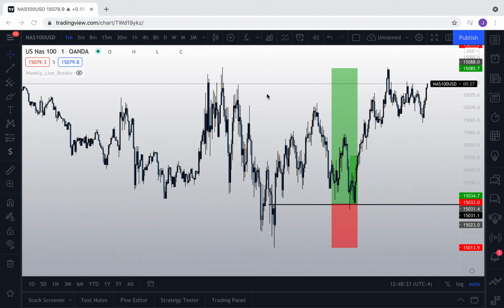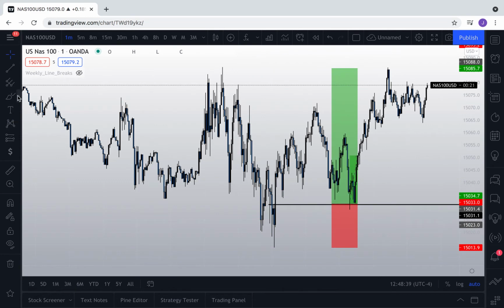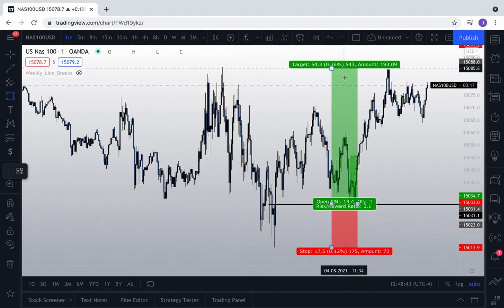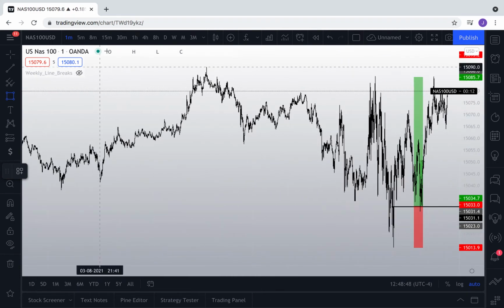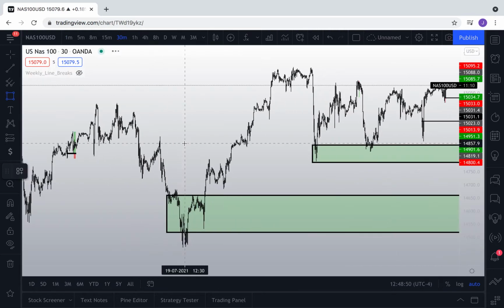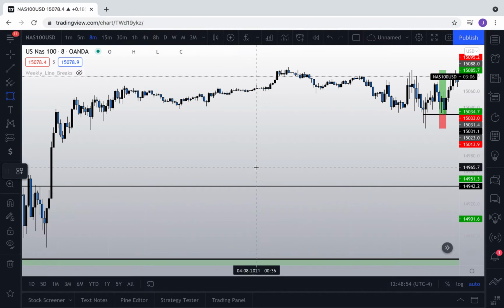Now the market can make, so for instance, this is a trade I took not too long ago, and it was a nice little 3-to-1. I took all profit there just because of how bearish we have been. But it's neither here nor there.